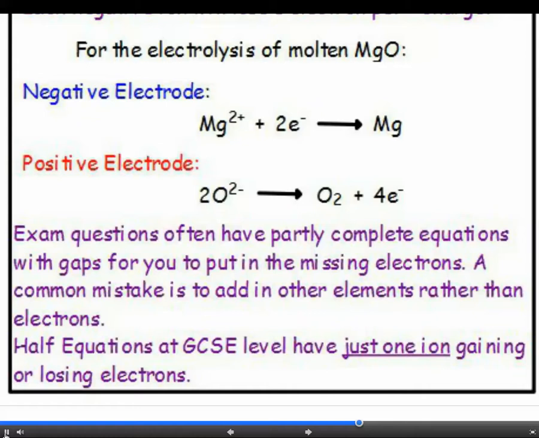In some books this is shown as 2O2-, take away 4 electrons to make O2, which is an alternative way of showing it. Exam questions often only require you to fill in the gaps, normally by adding in the electrons. If this is the case, don't add in other elements.